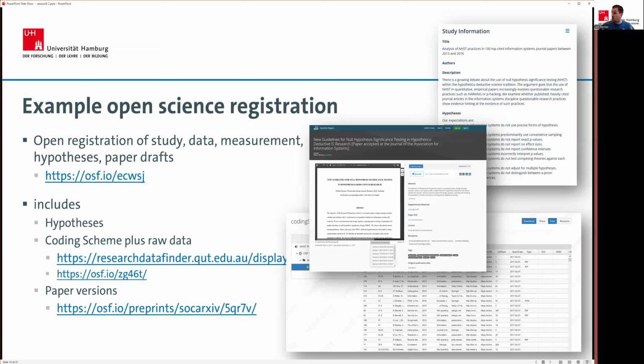So the idea is that you always disclose what you're up to, what you're thinking, what you're doing at a given point in time, and then later you can upload an updated version of your thinking or your data or your results, but you can't take them away. So this is an implementation of this principle of openness and sharing basically anything that you're up to at any given point in time.